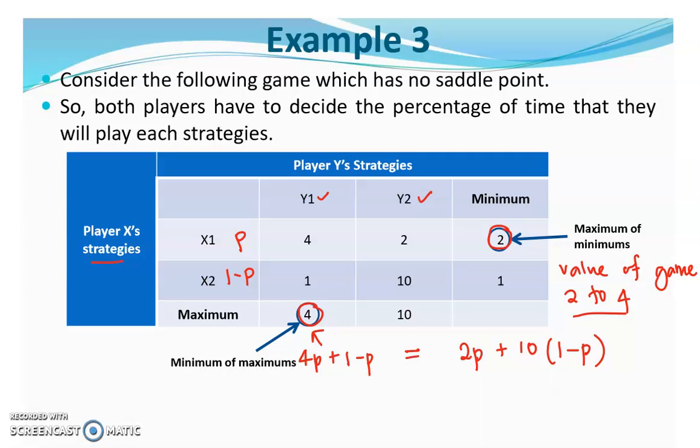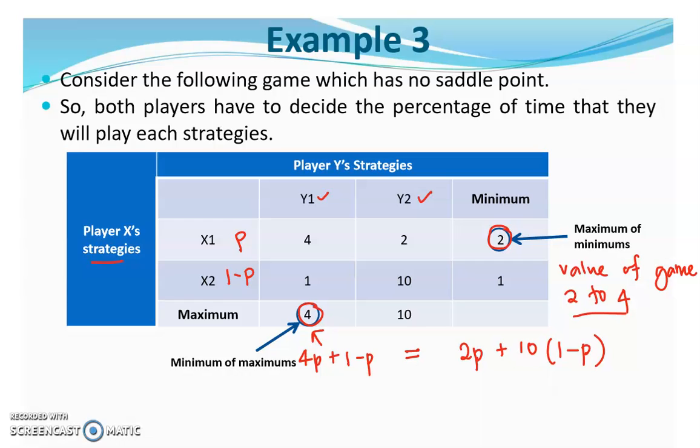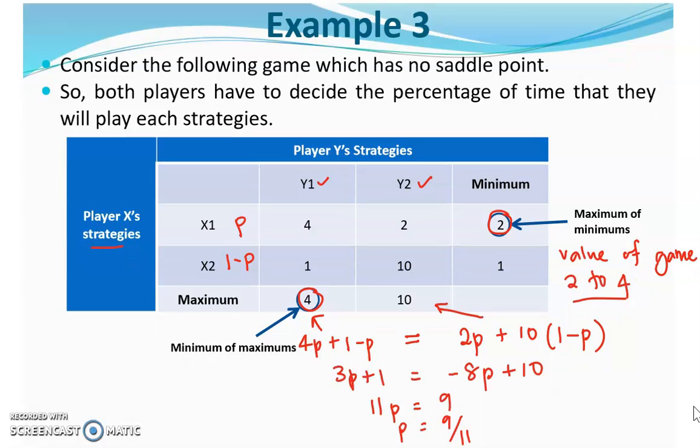That's why we can equate these two equations: 4P plus 1 minus P equals 2P plus 10 times (1 minus P). Solving for P, we have P equals 9 over 11. And that means 1 minus P equals 2 over 11.